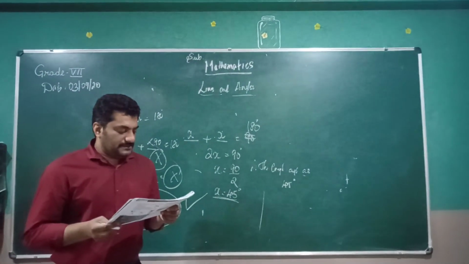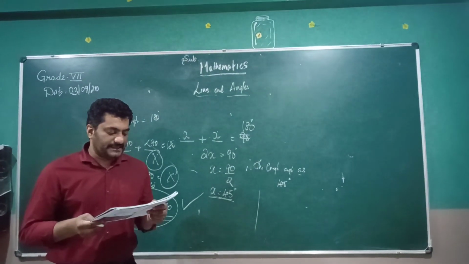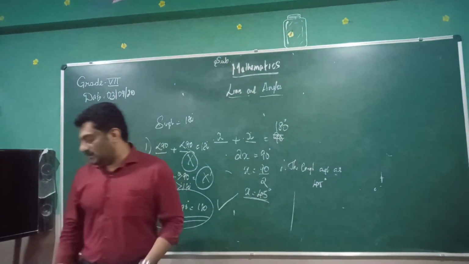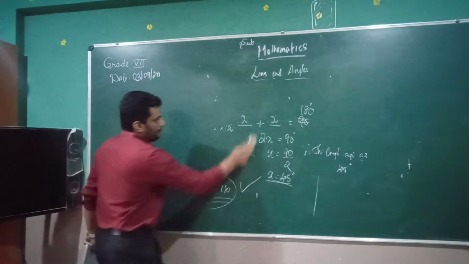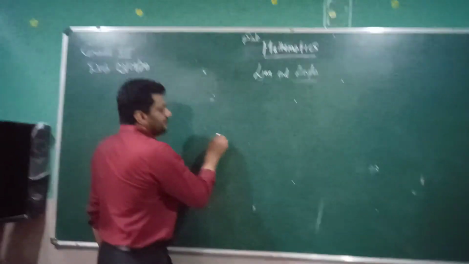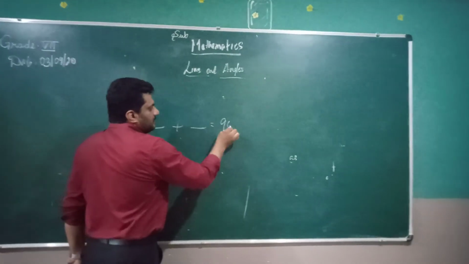So only this option is correct. Now in the eighth one, an angle is greater than 45 degrees. Is its complementary angle greater than 45, or equal, or less than? Okay, now in this question they are talking about complementary angles. What is complementary?